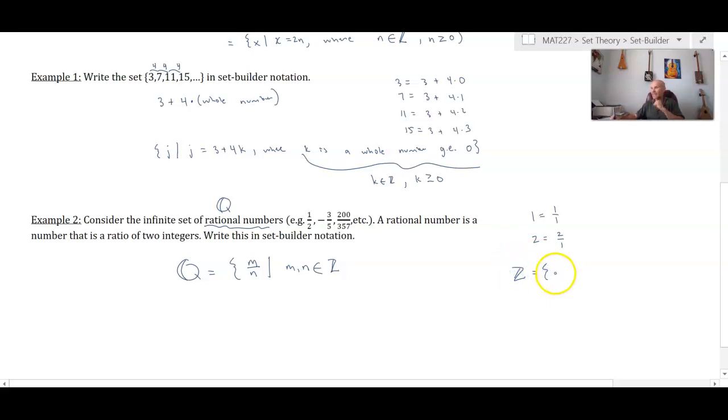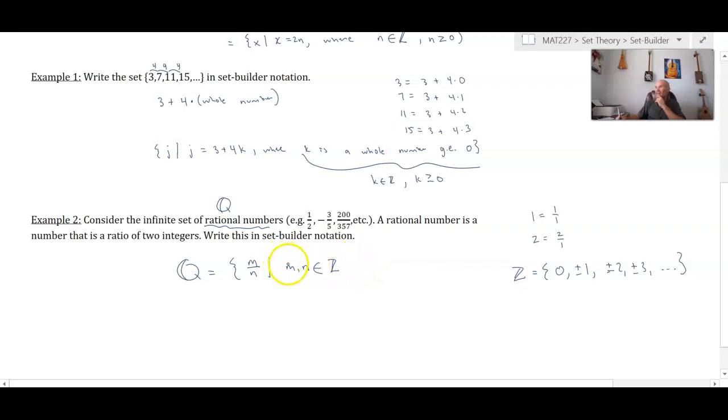Unfortunately, you can't write these in set builder notation, but you could write it like this. You could say 0, plus or minus 1, plus or minus 2, plus or minus 3, etc. So all whole numbers from 0 to infinity, positive or negative. So from negative infinity to positive infinity, I guess, would be more valid to say. But this is a nice compact way to write it.